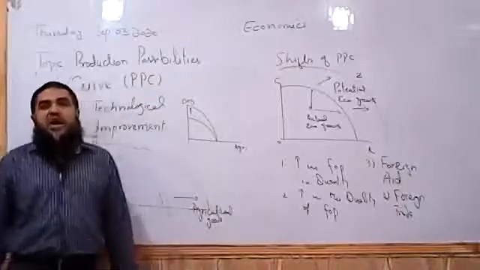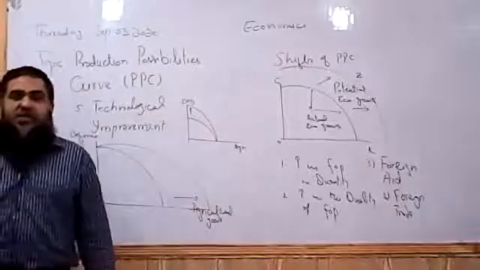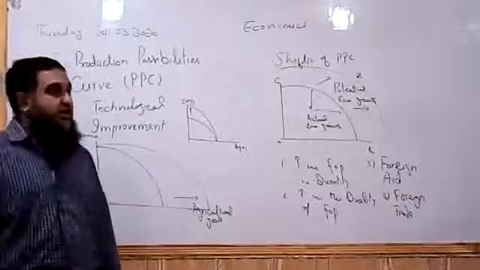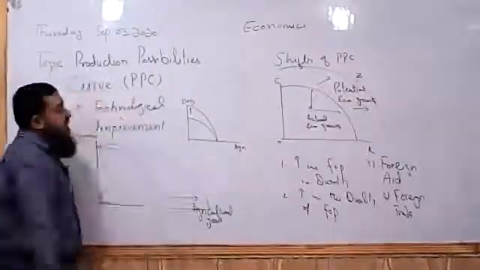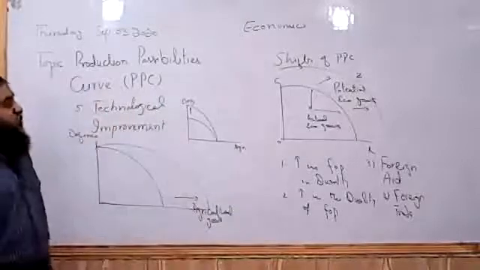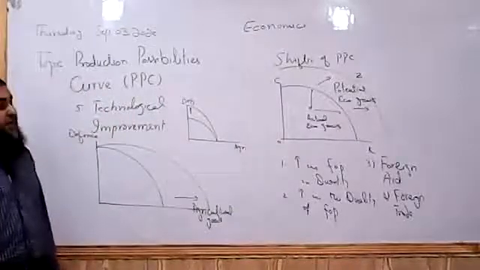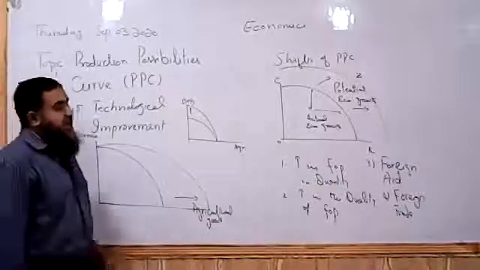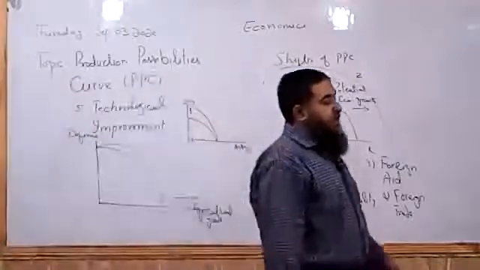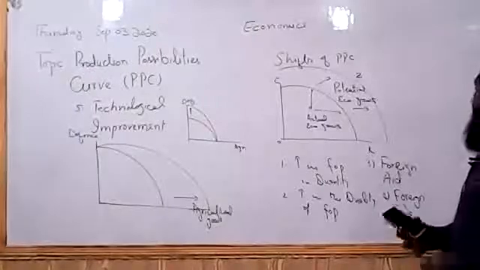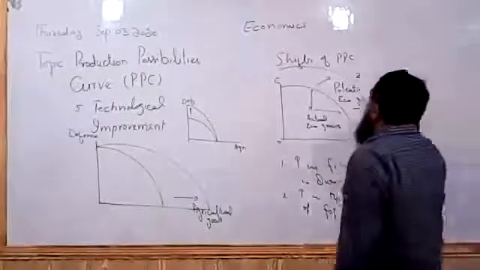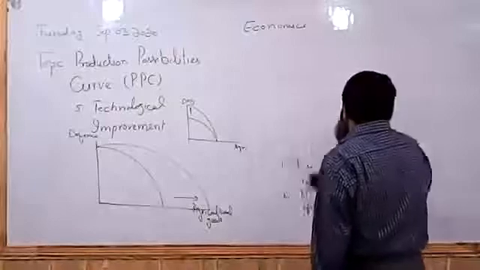We'll have better aircraft, better missiles, nuclear weapons. So our defense output will increase rather than other products which could be produced instead of defense. So this is improvement in technology, improvement in the factors of production, and improvement in foreign aid. All of them cause an outward shift of the PPC.